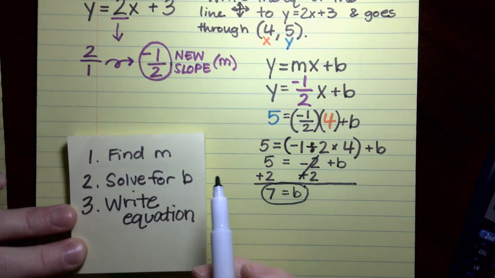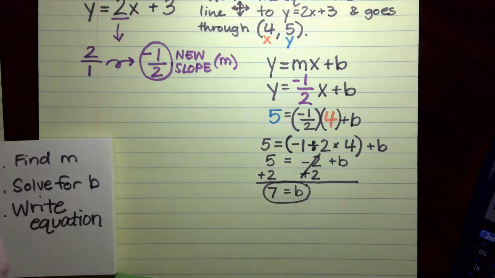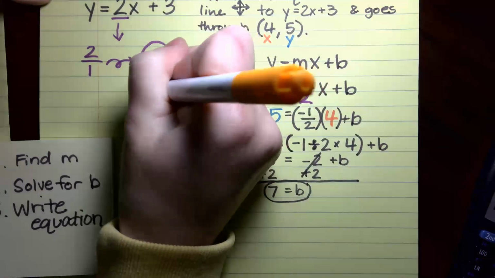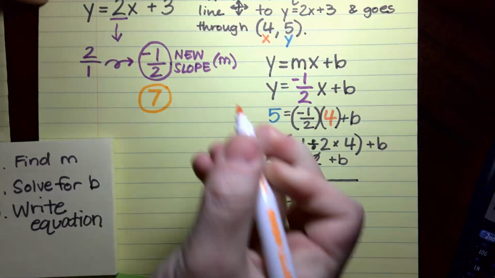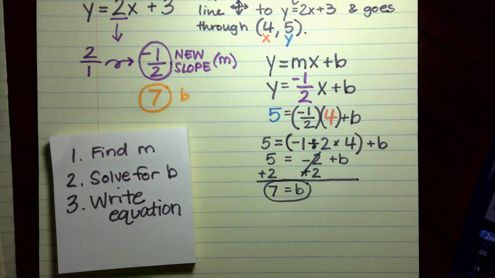Solve for b. So I'm going to write over here that 7 is my b. And what's step 3? Write the equation.